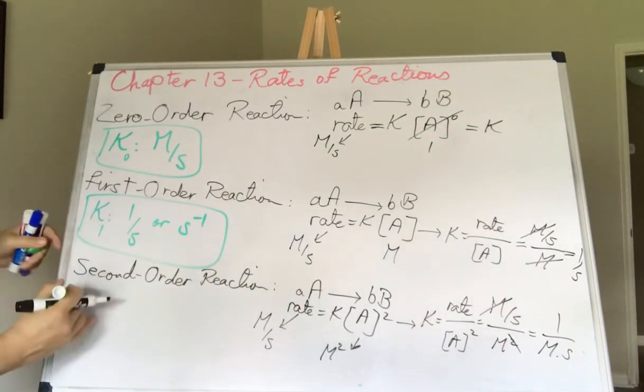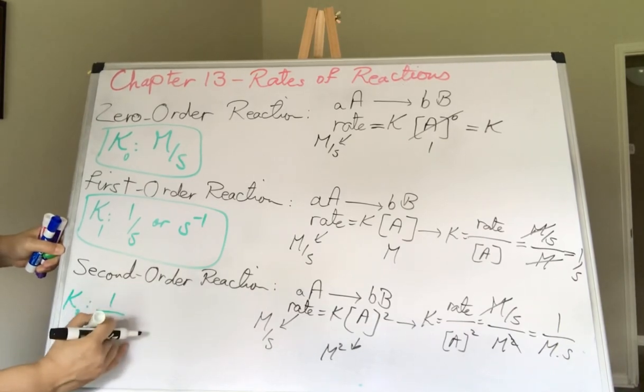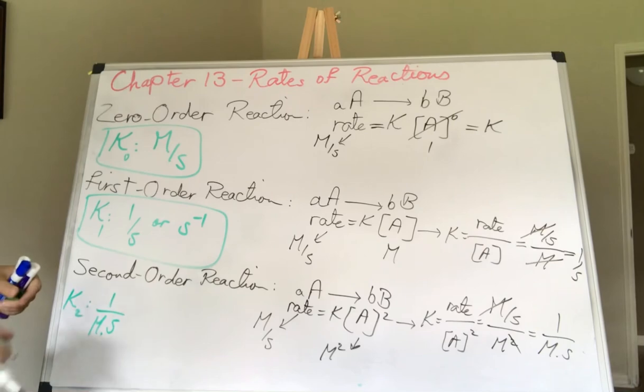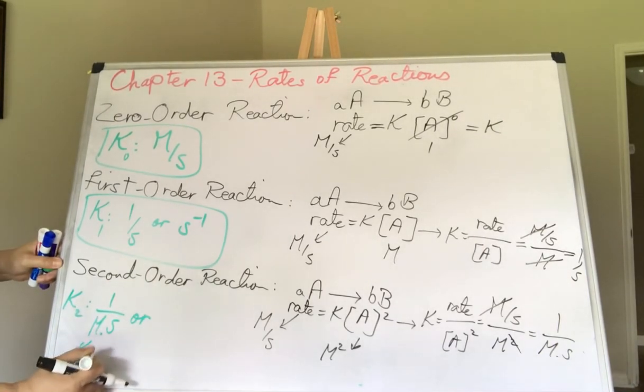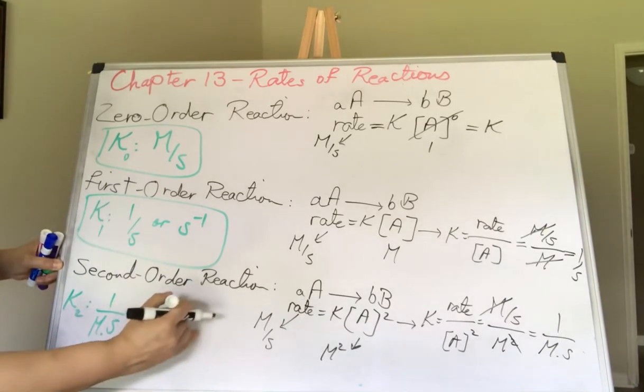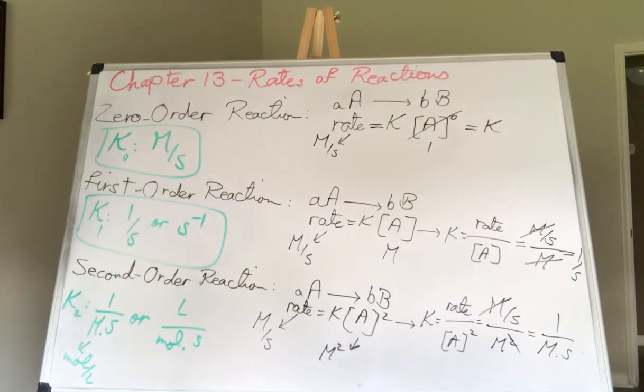So for a second order reaction, you have 1 per molar second, or if you change this molar to mole per liter, then you have liter per mole second, depends on what is given to you. So this is good to know, because you may have a question of determining the unit for K.